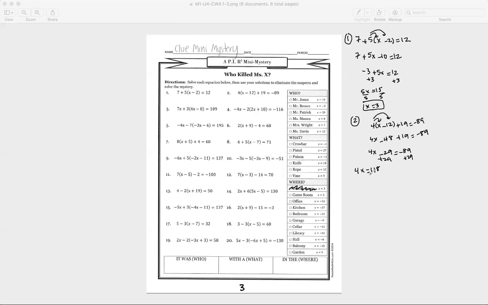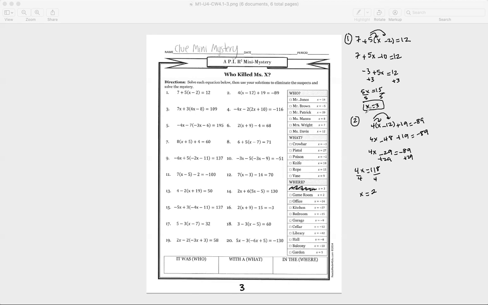So by dividing by 4, you get x equals 29.5, or 2 is 838. I don't know if it's going to be a fraction. Let me double check: 4x minus 48, negative 29, add 29, that's going to be 118.